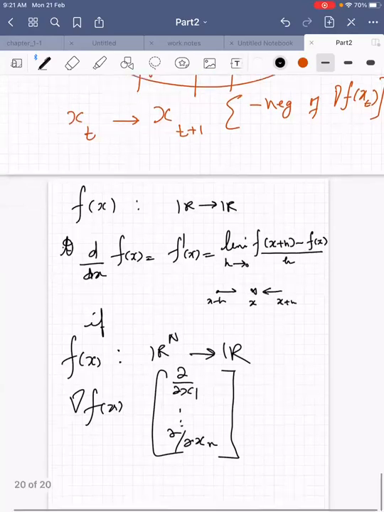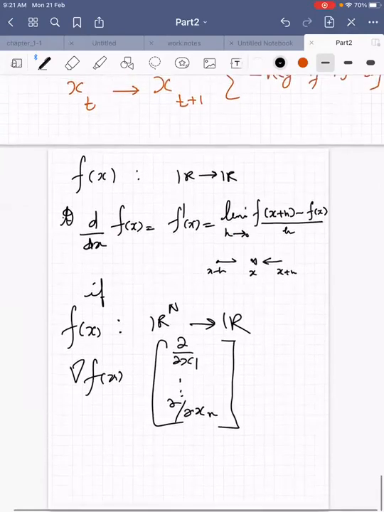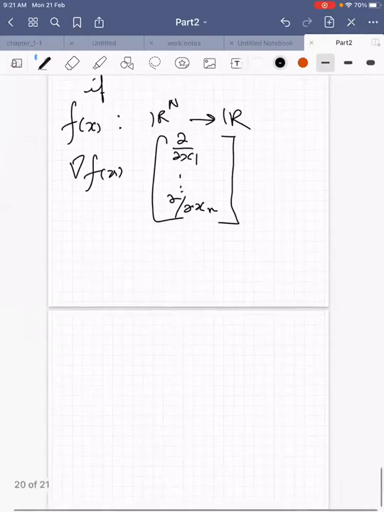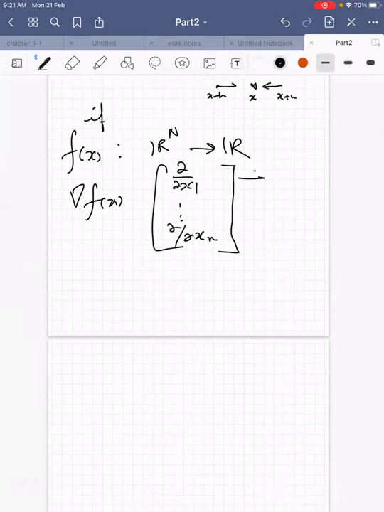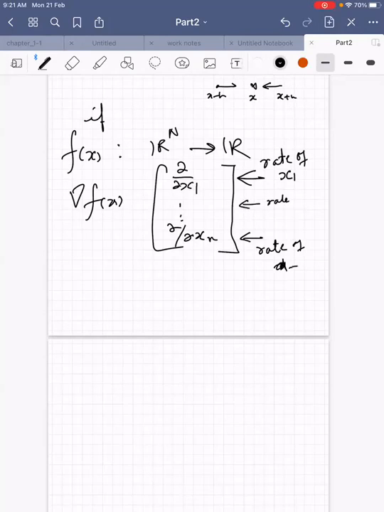On the other hand, you may also want to find out. So this is like rate of change in direction x1, and this is rate of change in direction xn, rate of change in direction xi, right?